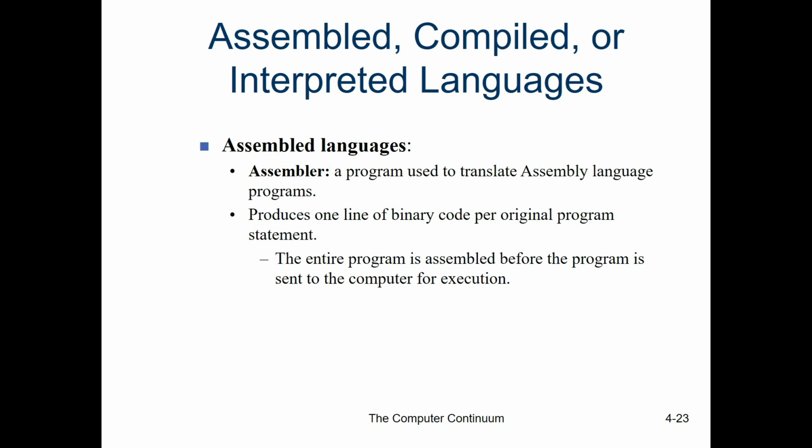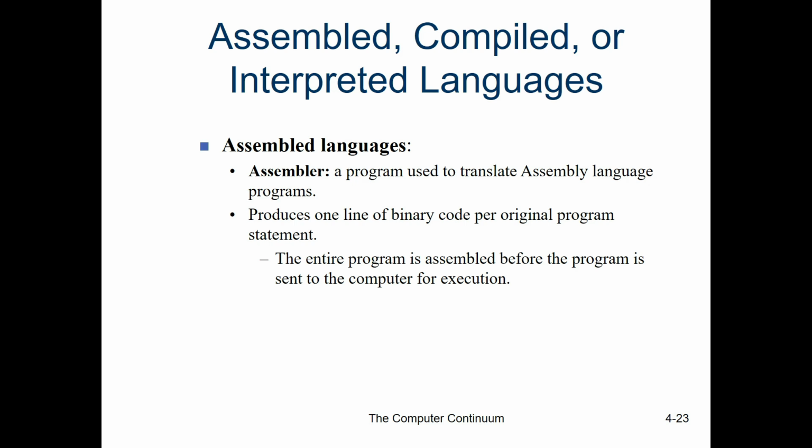So what are assembly languages? An assembler is a program used to translate assembly language programs. It produces one line of binary code per original program statement, and the entire program is assembled before it is sent to the computer for execution.